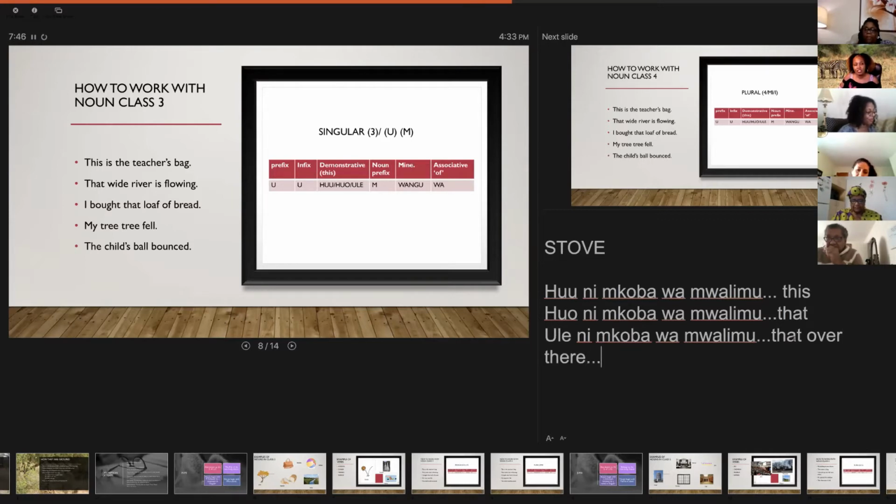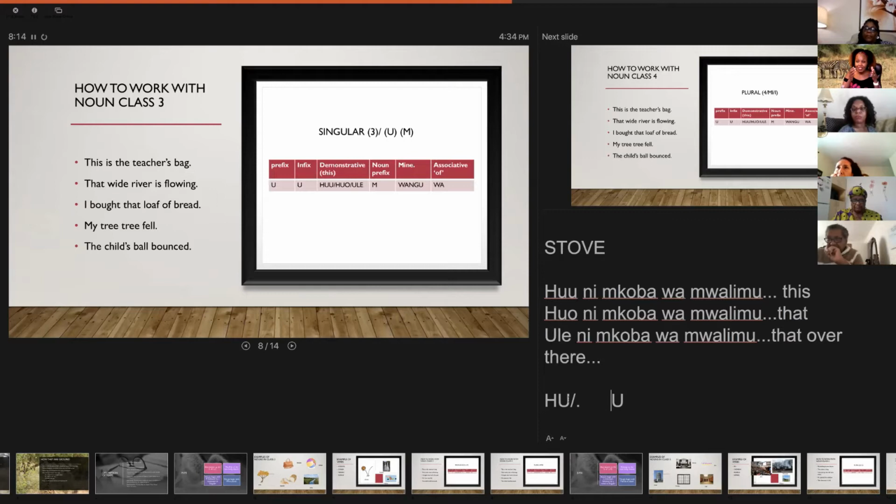So why on earth do you need to learn demonstratives? Here's the cool thing. Do you remember those subject infixes or prefixes that we were talking about? Guess what? If you learned every demonstrative, especially the first one, you can literally just split it into two, and that will give you the prefix. And this works for every noun class.